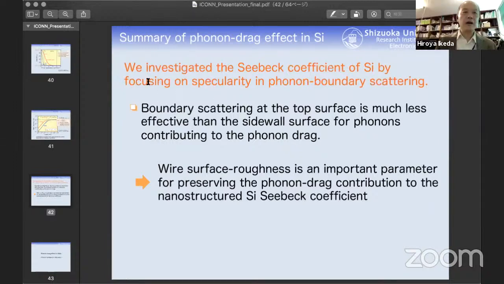Yes. I think the top surface is usually very smooth, because when we fabricate silicon wires, we make a SiO2 layer and etch it with HF solution. So it is very smooth, but the main part is the sidewall.